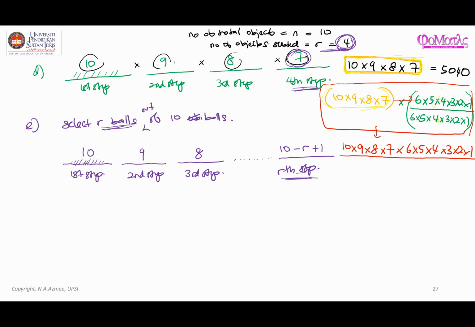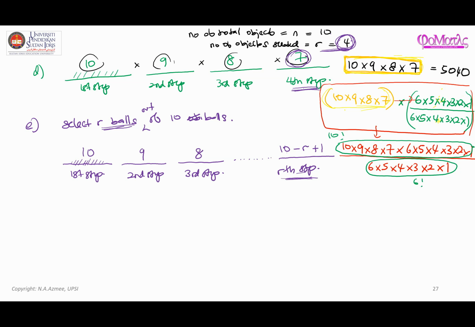This one is over 6, 5, 4, 3, 2, and 1. Okay, and I hope that you can see this part here is just 10 factorial, and this part here is 6 factorial.